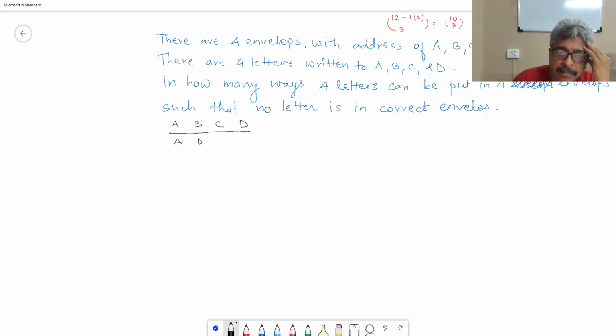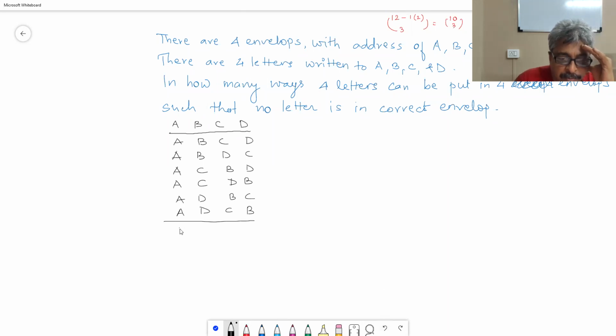First word will be A, B, C, D. Second word will be A, B, D, C. Third word will be A, C, B, D. Fourth will be A, C, D, B. Fifth will be A, D, B, C. Then A, D, C, B. These are 6 ways, starting with A.